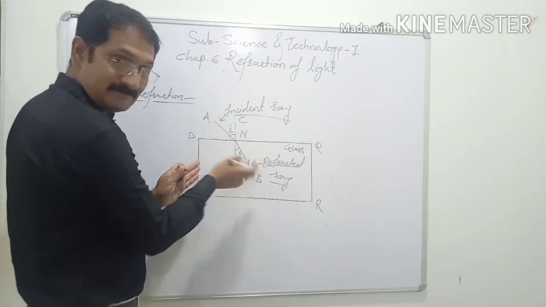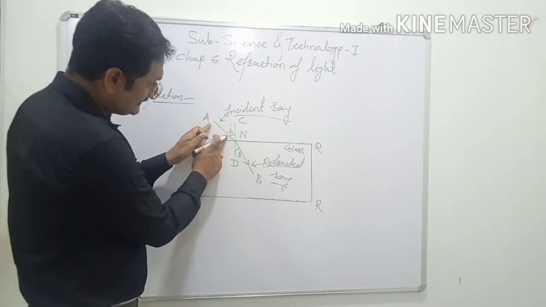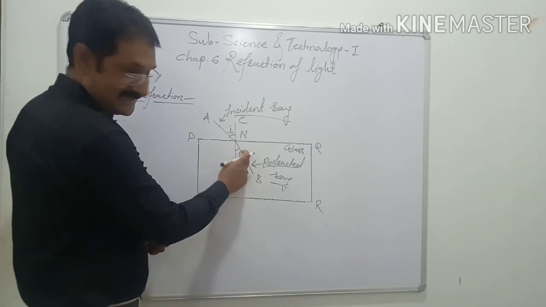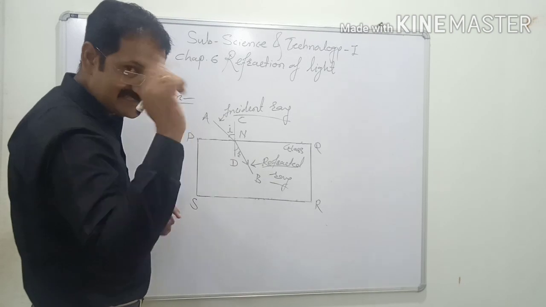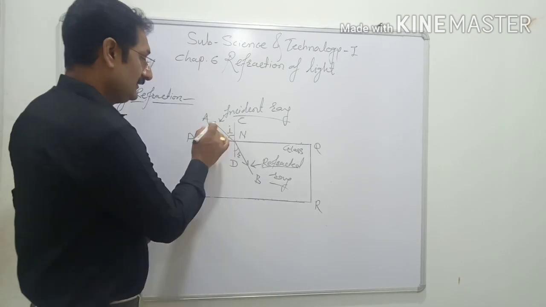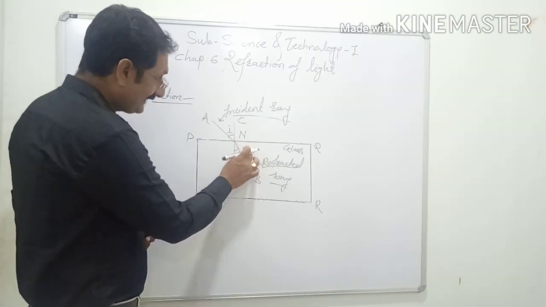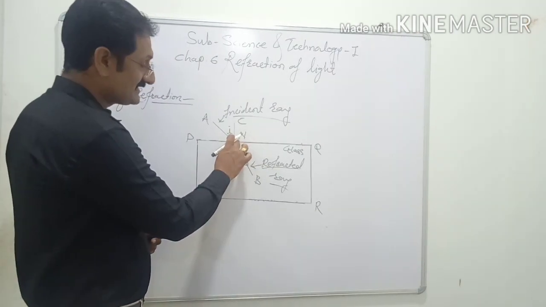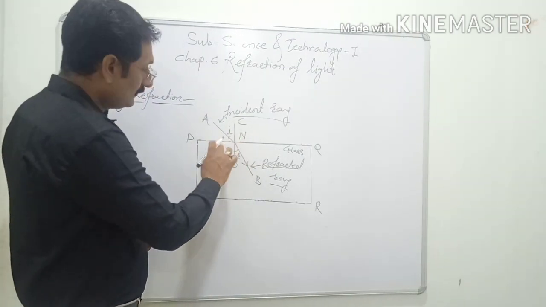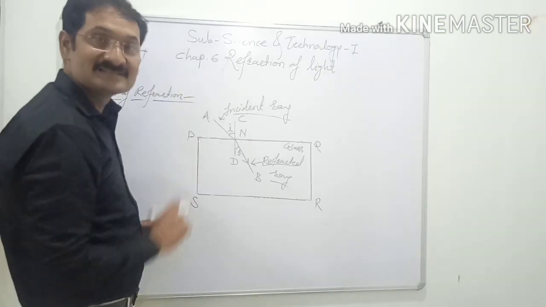It is clearly seen from the figure. And the second thing is that the incident ray, the refracted ray, and the normal at the point of incidence all three lie in the same plane.